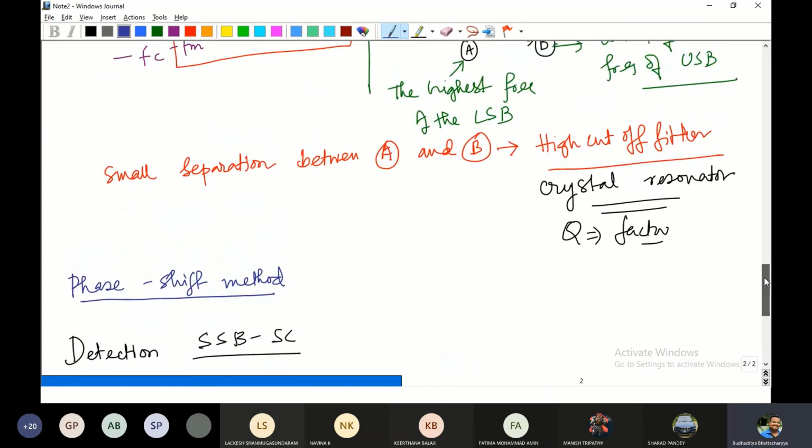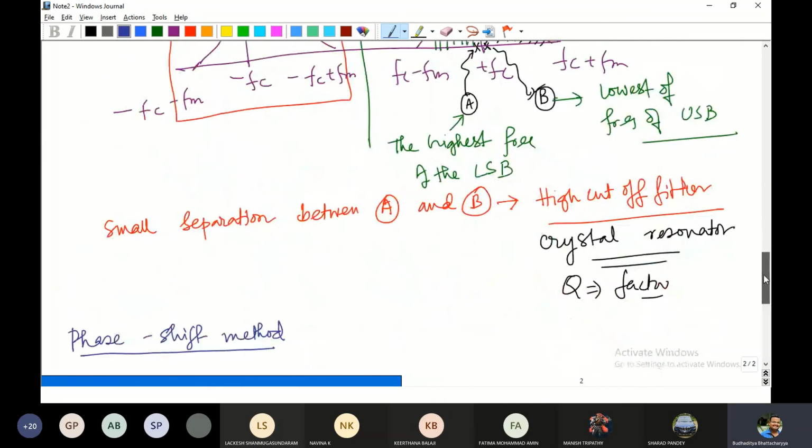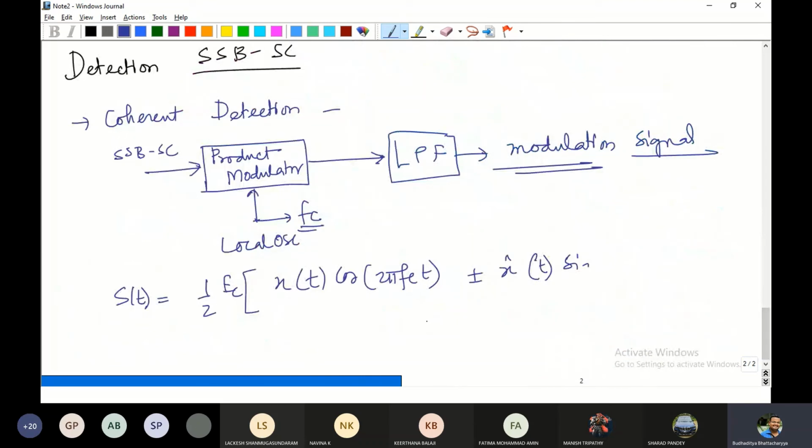It was sine back there in that file. Since it's plus minus, we can write it with cos of 2 pi FCT as well. So that's how the SSB signal would look.